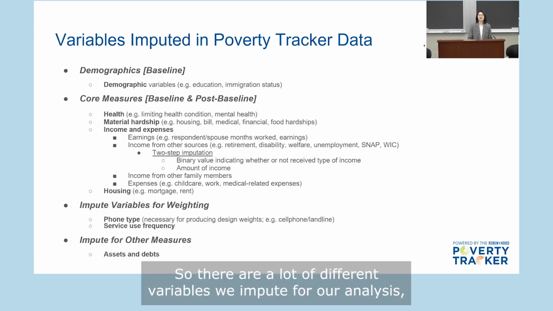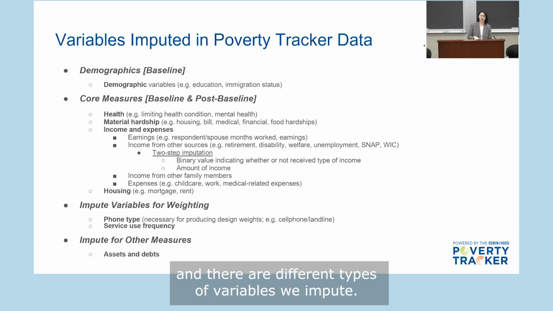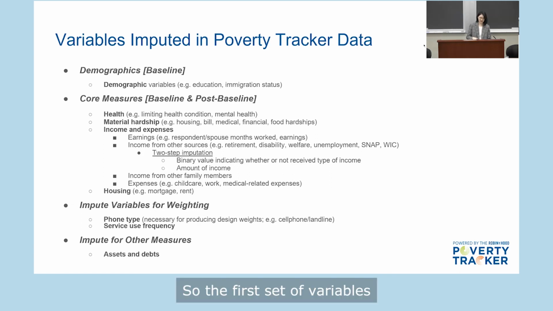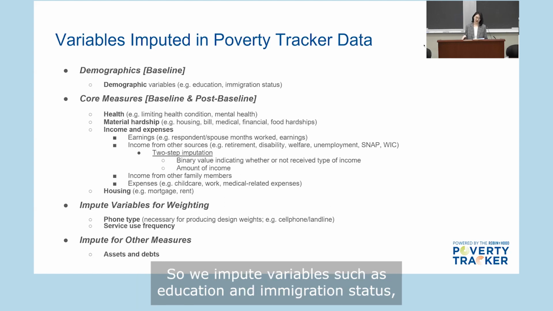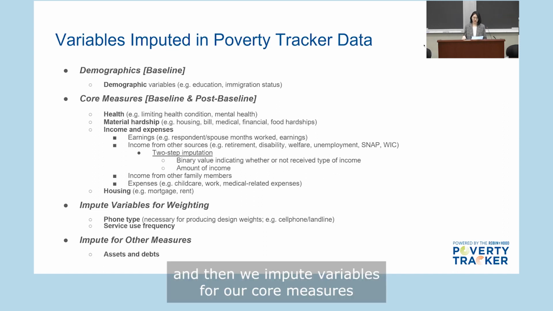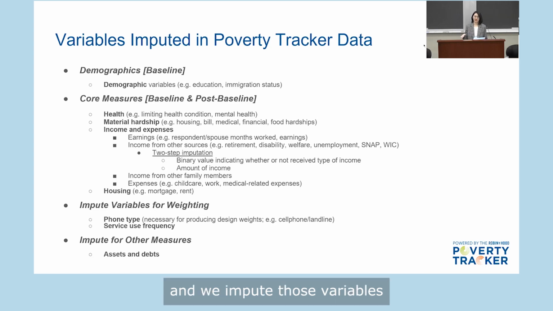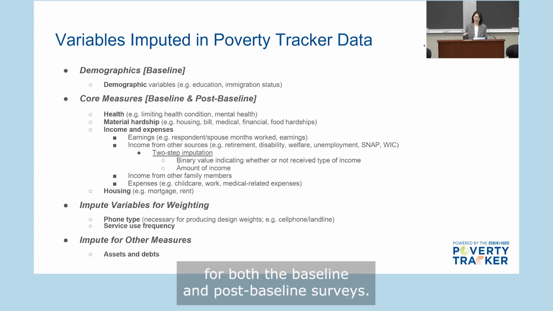There are a lot of different variables we impute for our analysis, and different types of variables. The first set are demographic variables from the baseline survey, such as education and immigration status. Then we impute variables for our core measures, which Matt just touched on, for both the baseline and post-baseline surveys.